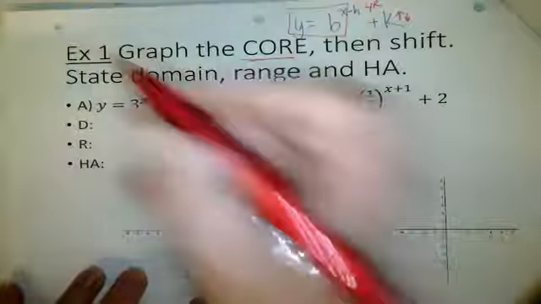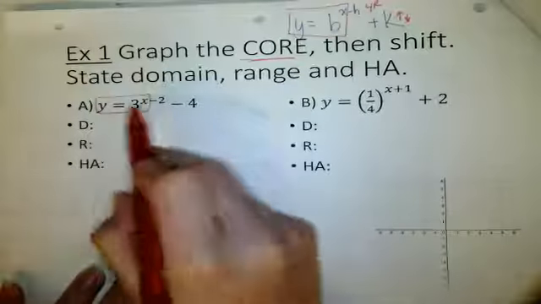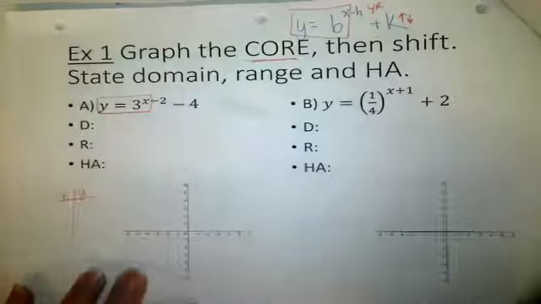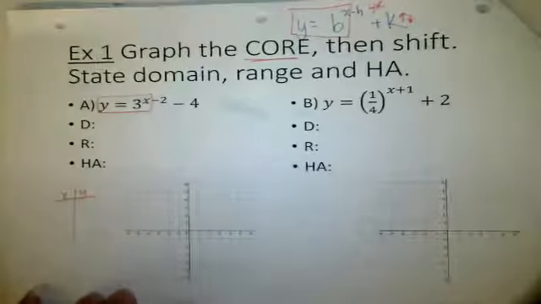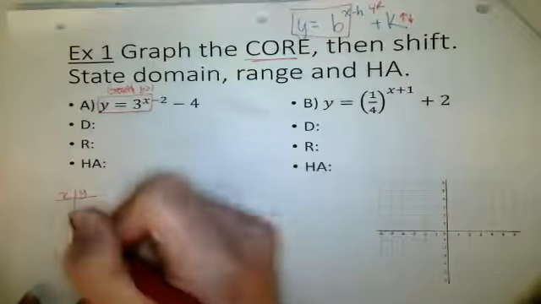So I'm going to graph the core, or the basic shape here, just graphing 3 to the x. And once you get this, you don't have to do very much. Is this going to be exponential growth or exponential decay? Growth. How do you know it's growth? Because b is greater than 1. The base is greater than 1.